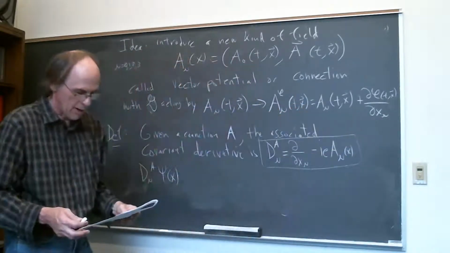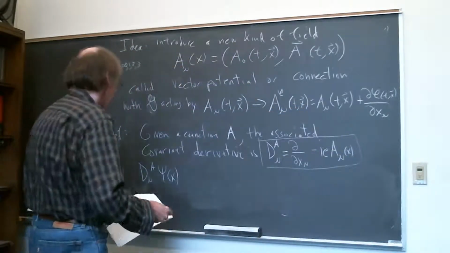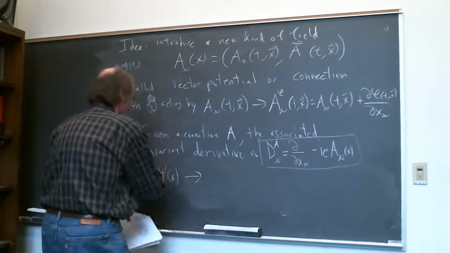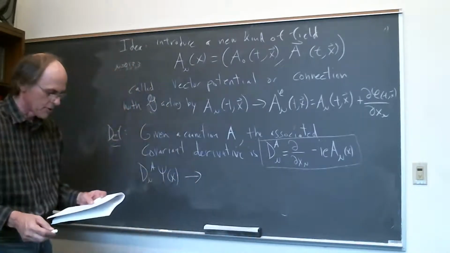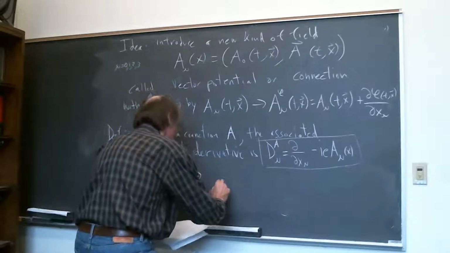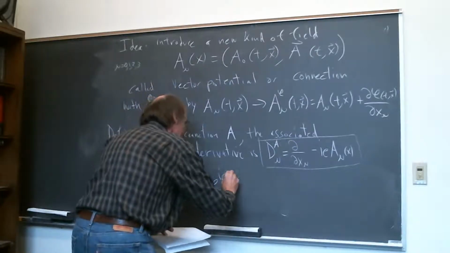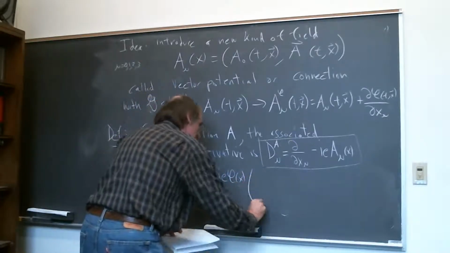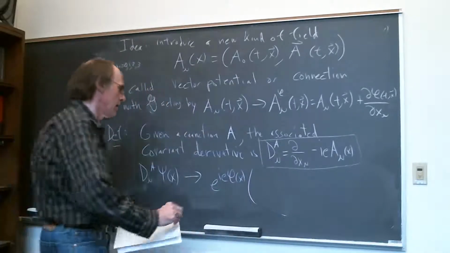Then what you'll find is that under this gauge transformation this goes to an e to the i e psi of x, which then gets multiplied by the original thing.